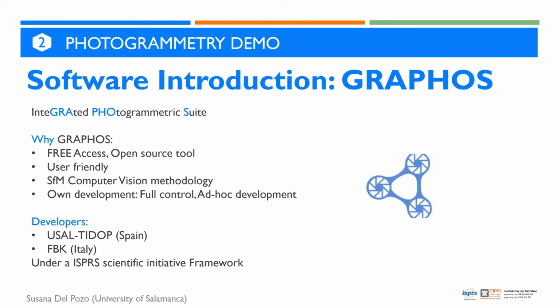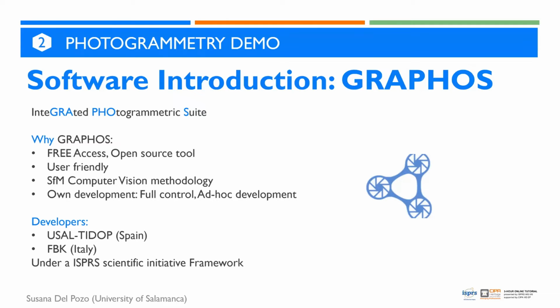The software leverages a structure from motion technique, as you can see in the previous section. So it gives automation to the photogrammetric process with any type of image and camera, and without the need of previously knowing their geometric calibration. Unlike many other solutions, it is the result of our in-house development.